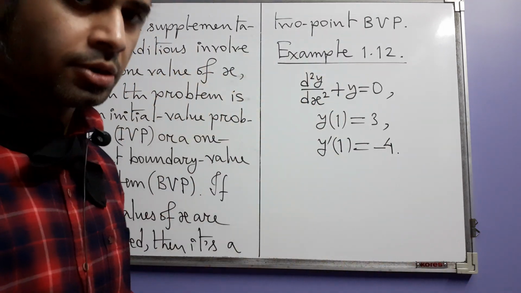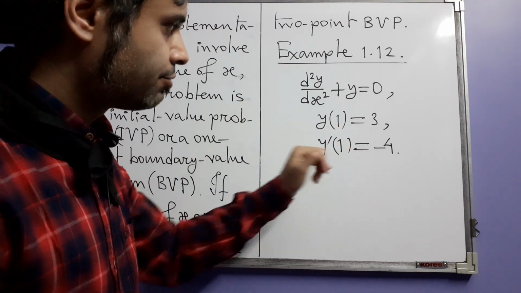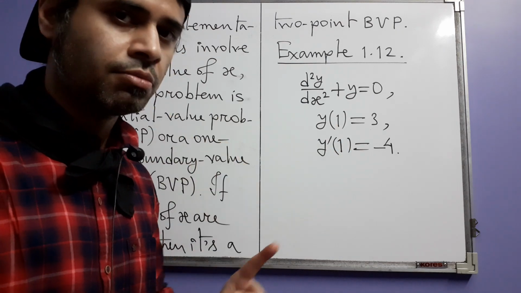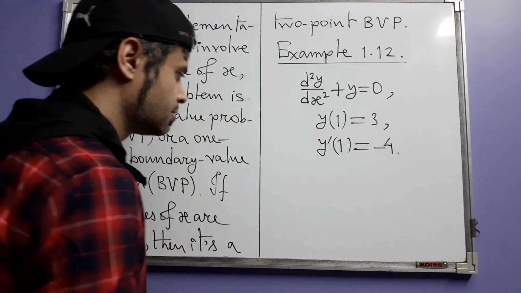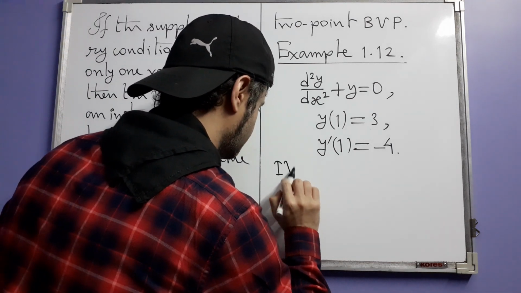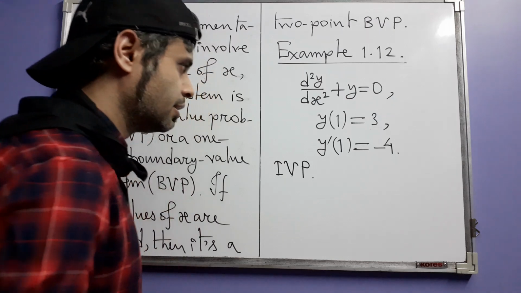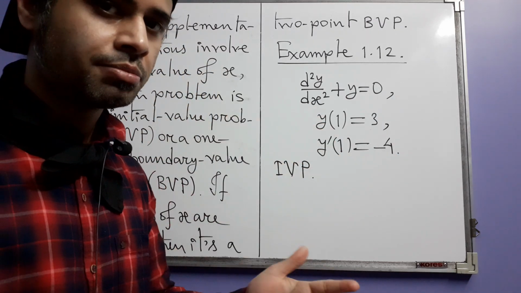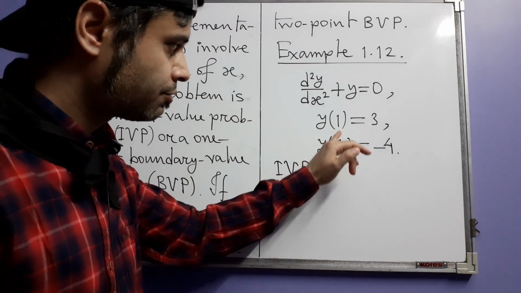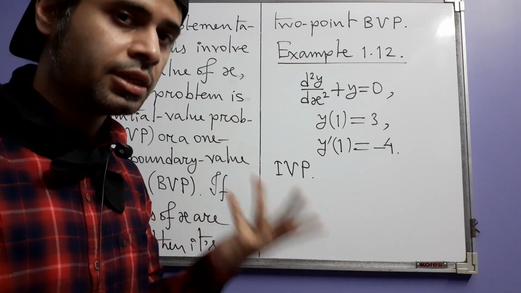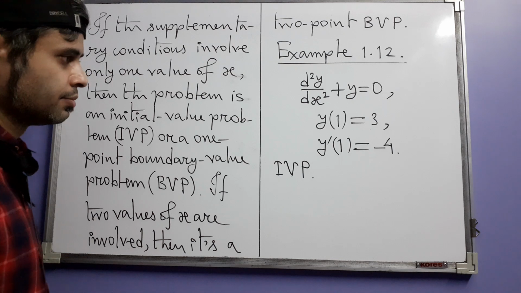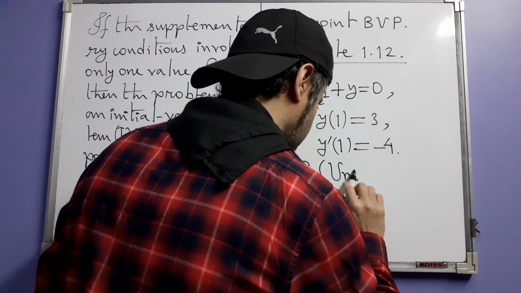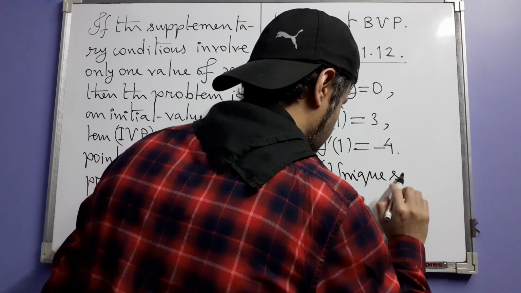Although you have two conditions, only one value of the independent variable is there in them, which is 1. That is why this is an initial value problem. See, the number of supplementary conditions is not determining whether it's IVP or general BVP. The number of values of the independent variable involved is determining that. And we will see later that this has a unique solution.